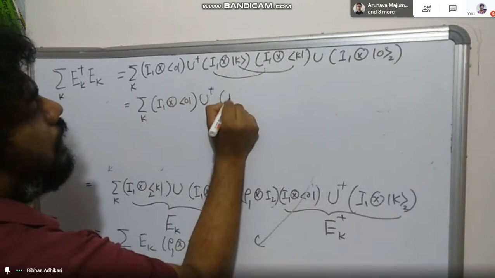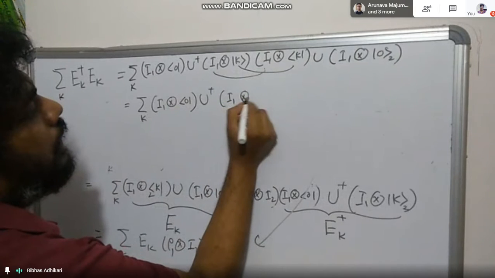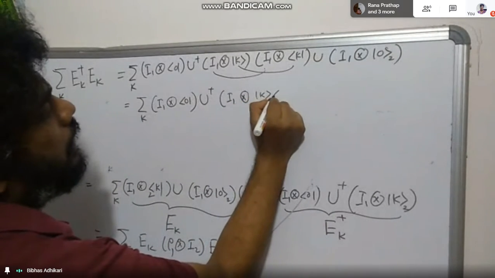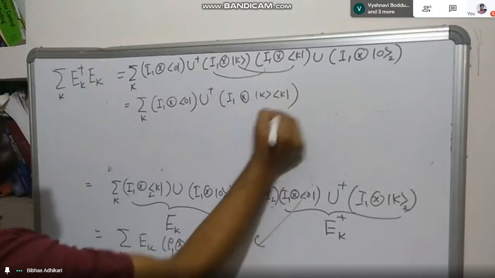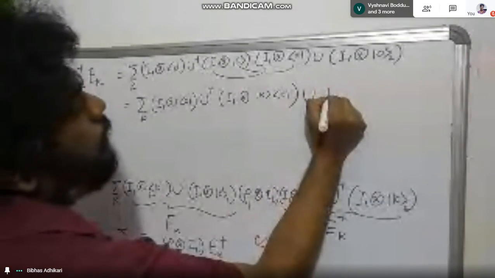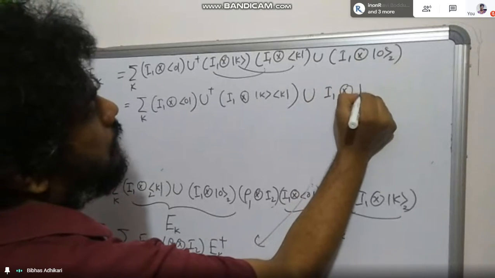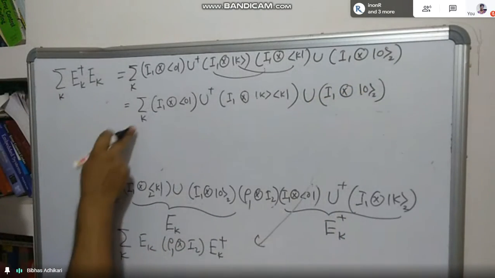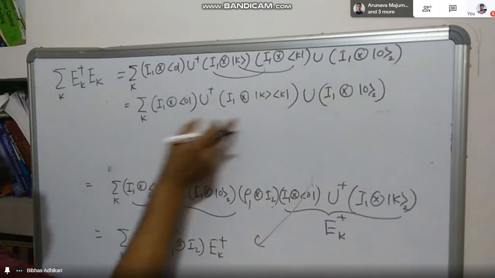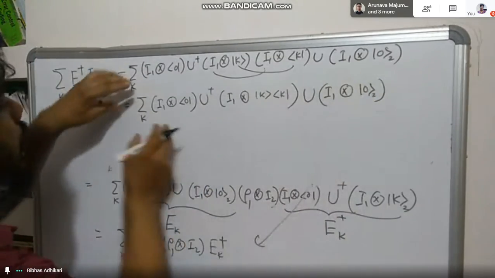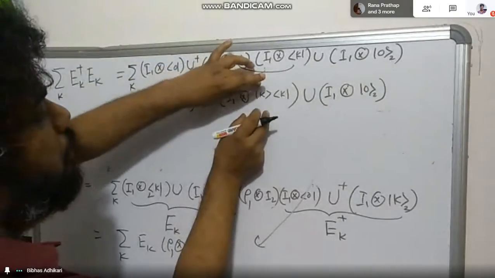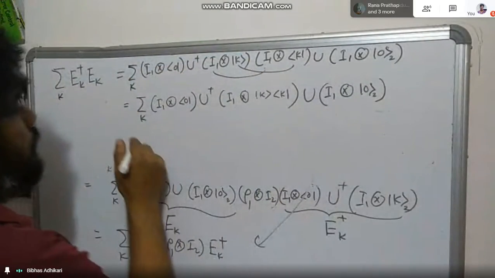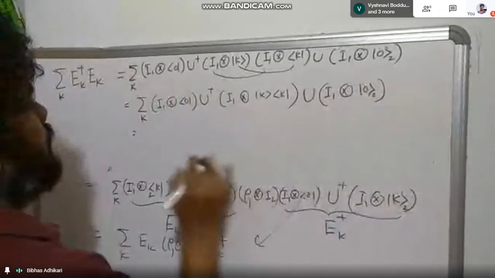So it is I1 dagger k, and then U I1 dagger 0. Now this sum over k is varying only here, so I can take this inside because these are nothing but matrices. They will act on this linearly, so it doesn't matter. I can take this out after the summation.